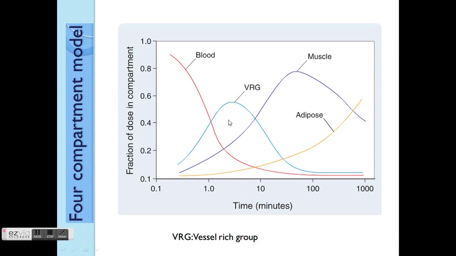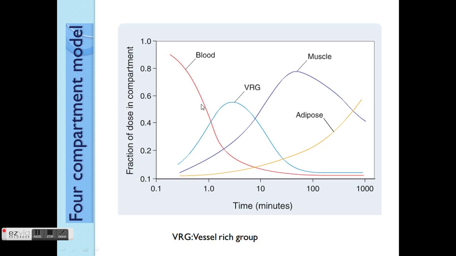As you can see here, the dose fraction will obviously be the highest in the blood, where we get the drug first, if you use an IV route, of course. Then the concentration will drop slowly, and at the same time, as the concentration in the blood drops, the concentration of the drug in other sections will increase, depending on the anatomical site, like how many blood vessels are there.